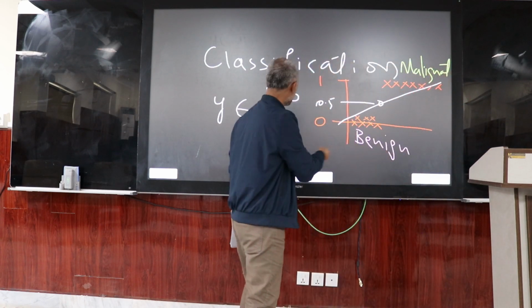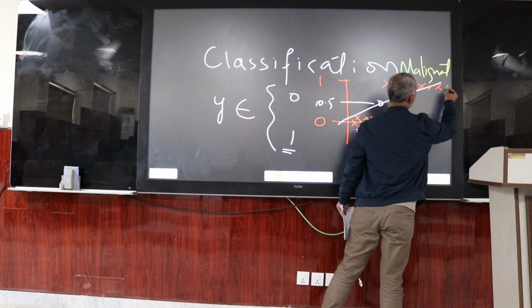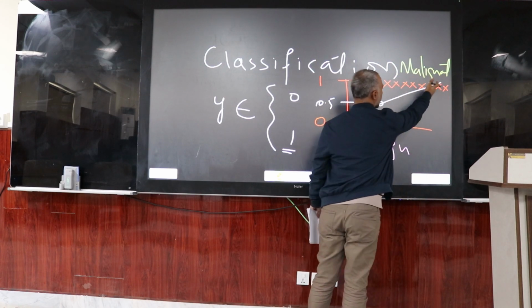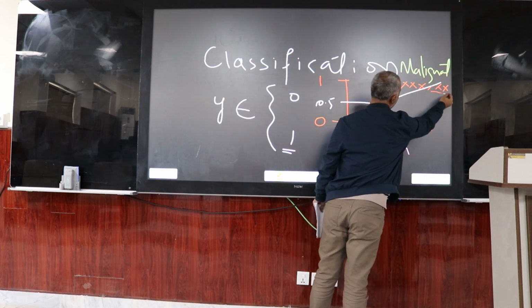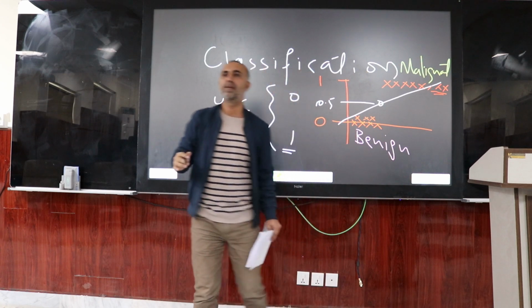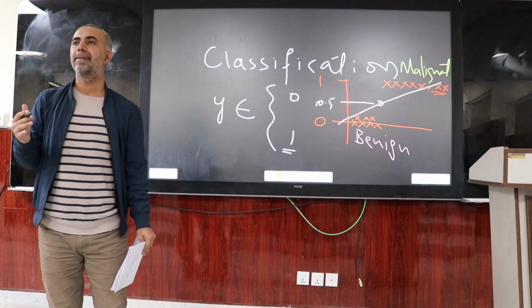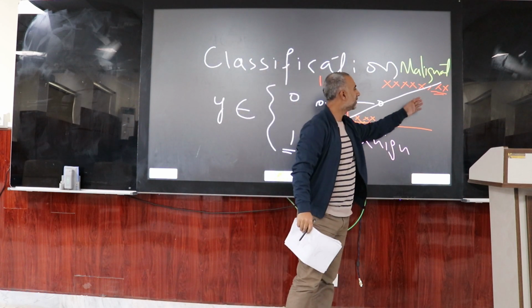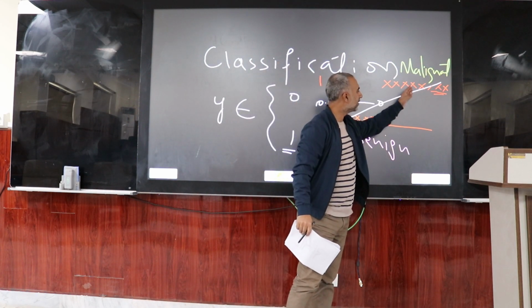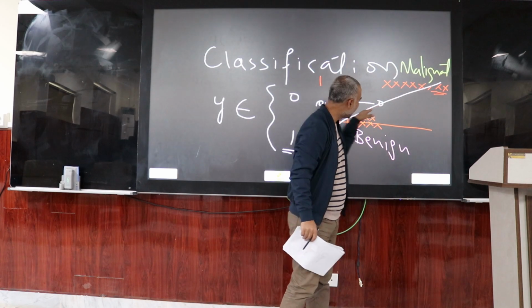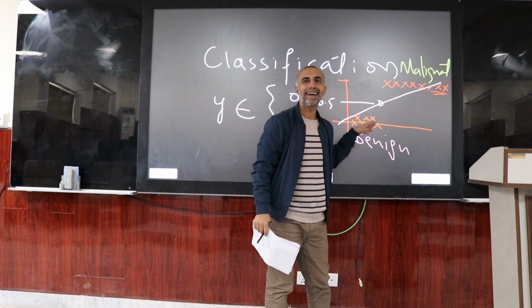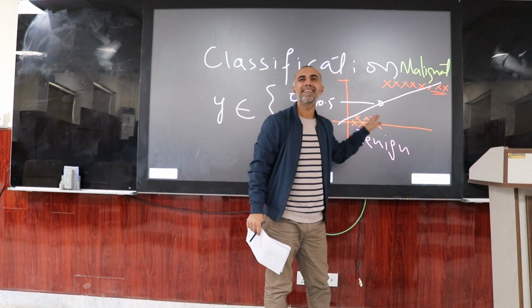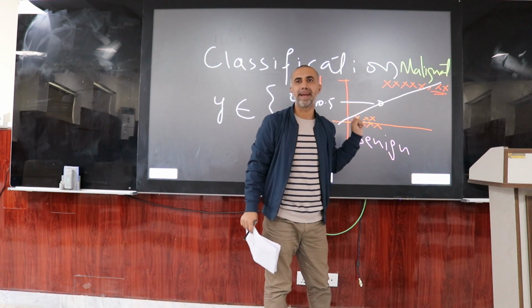Okay, so in this case, what will happen? With this line, these few tumors are beneath this hypothesis line and can be categorized as benign, though these are not benign ones.